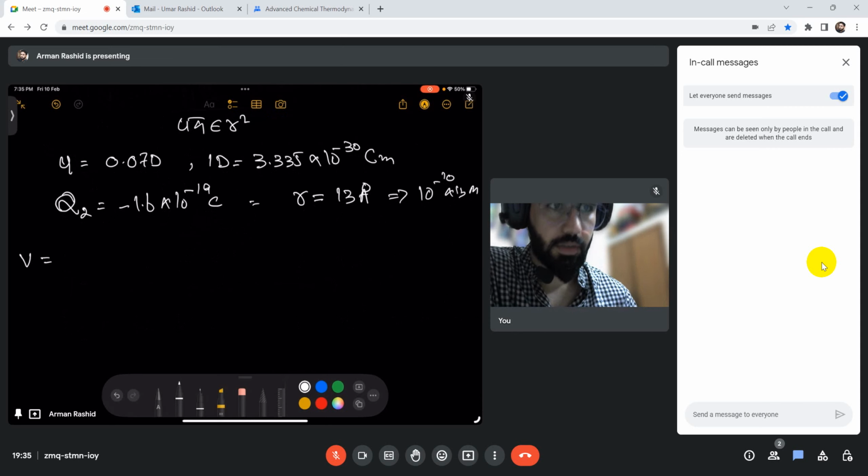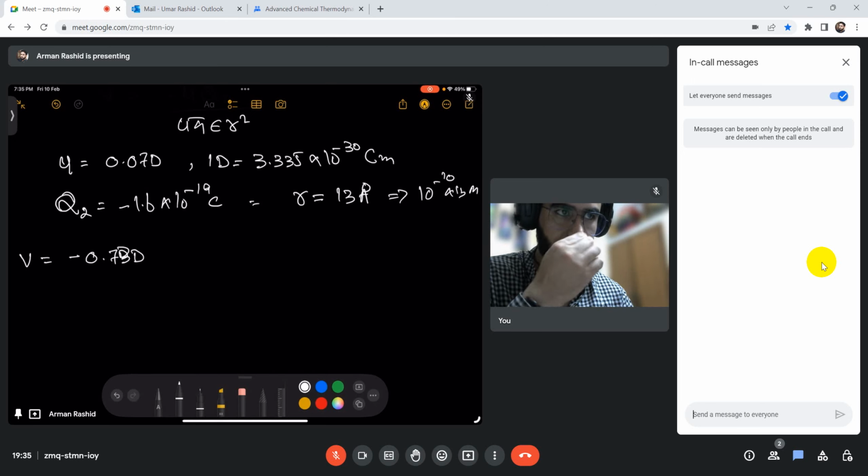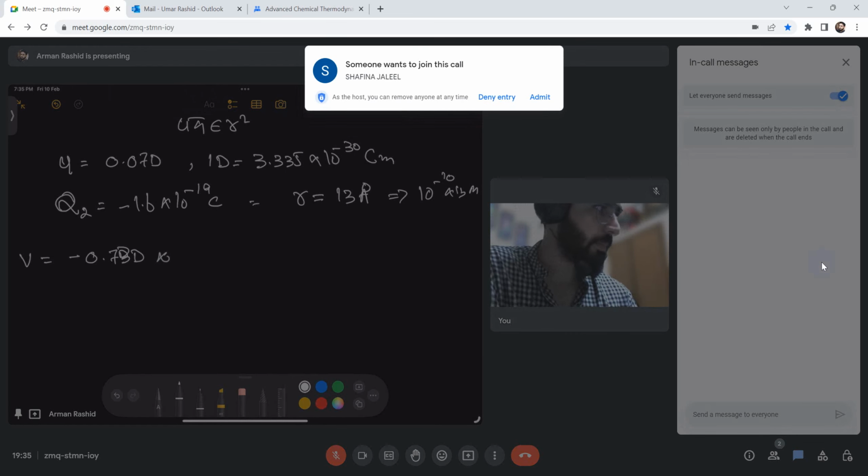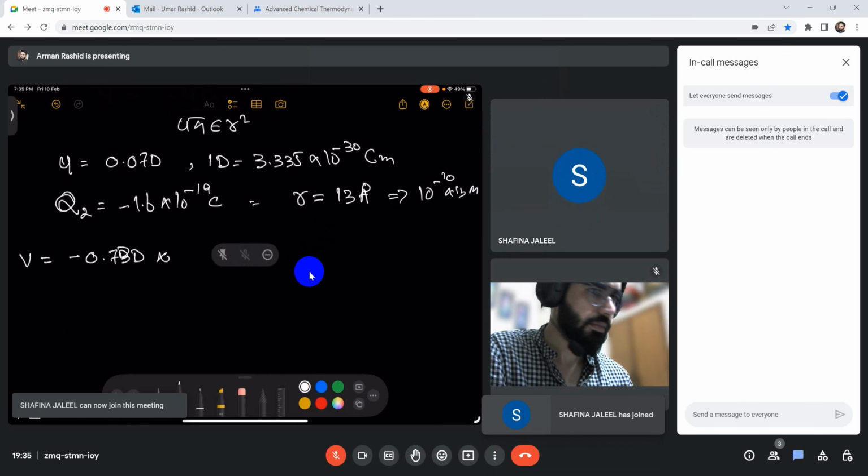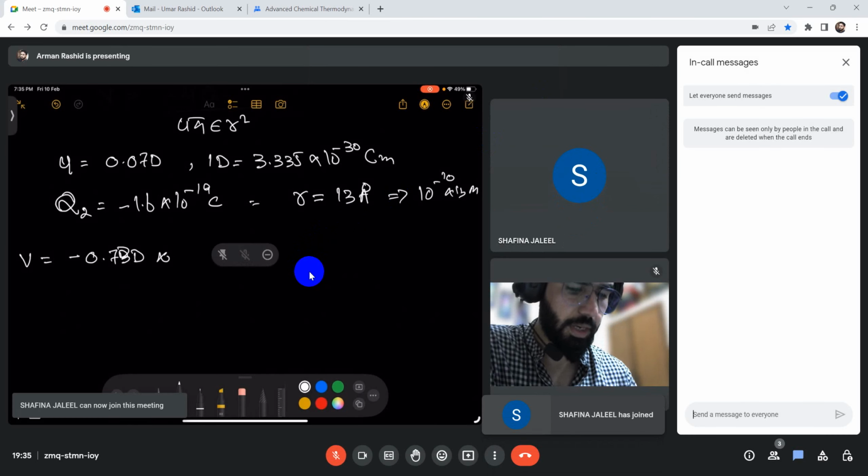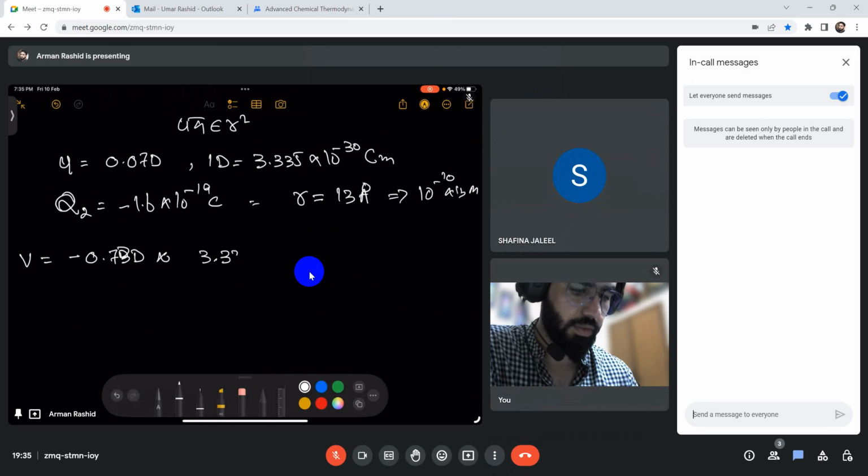Thus it will be given by minus 0.73 multiplied by 3.335, that is the dipole that is given.